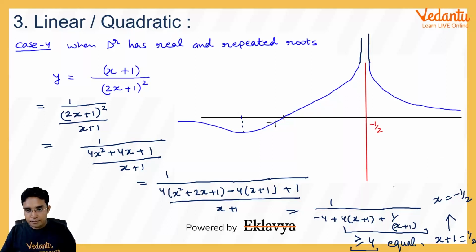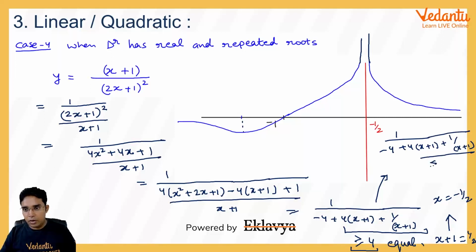But here, when x plus 1 is negative, you can write this again, minus 4 plus 4 into x plus 1 plus 1 upon x plus 1, and this thing will be less than or equal to minus 4, and equality will happen when x plus 1 is minus half, so x will be equal to minus 3 by 2.